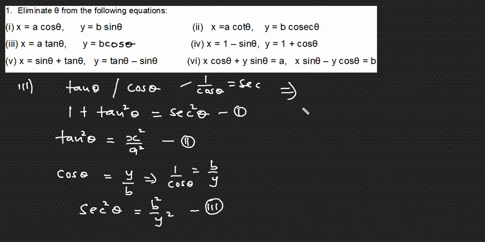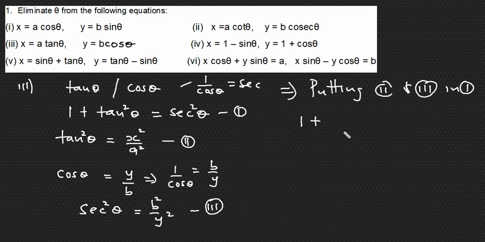So putting 2 and 3 in 1, we shall get 1 plus tan squared is x squared over a squared equaling b squared over y squared.